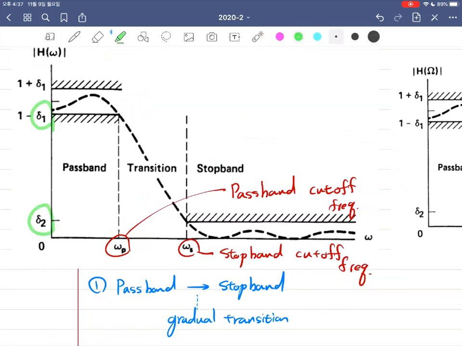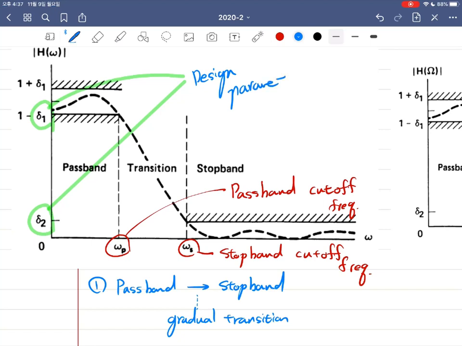And this delta 1 and delta 2, which determine this omega p and omega s, are design parameters of our filter. And if you design it in a sharp way, not with the gradual transition but in a rapid transition, then the problem starts to occur, which we have seen in the ideal filter.